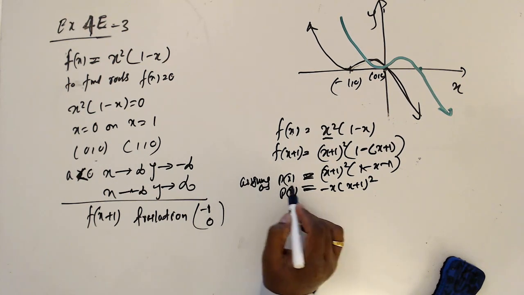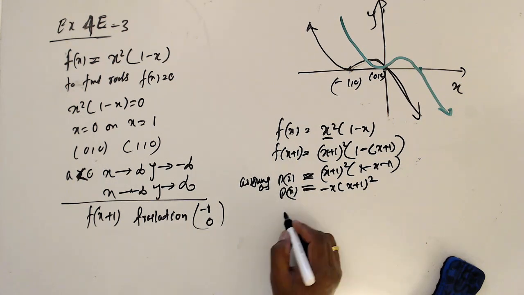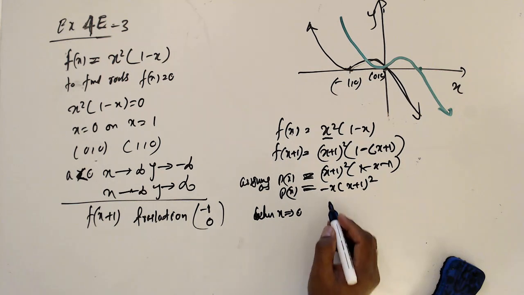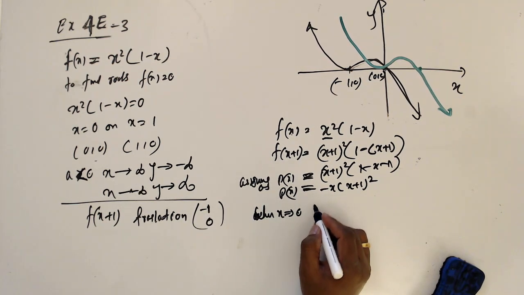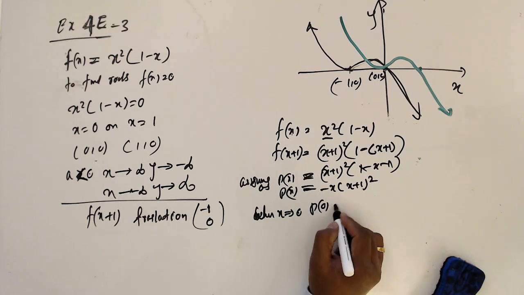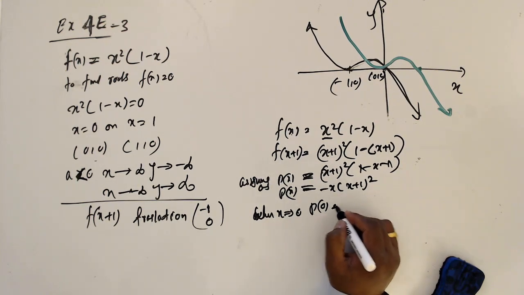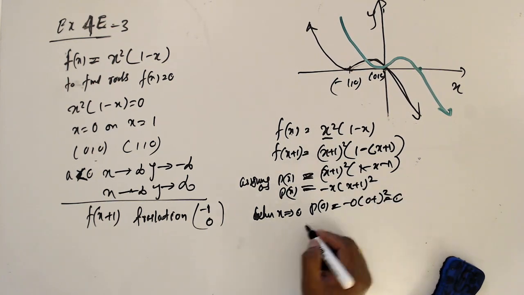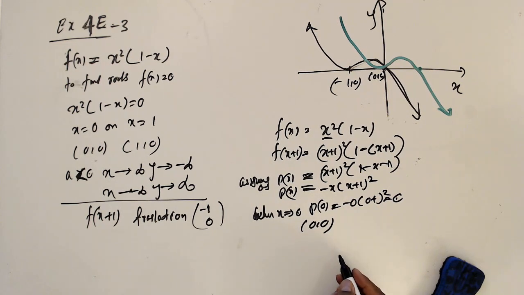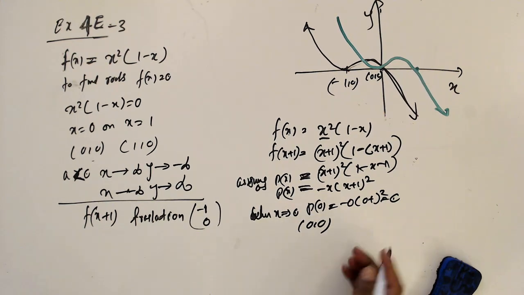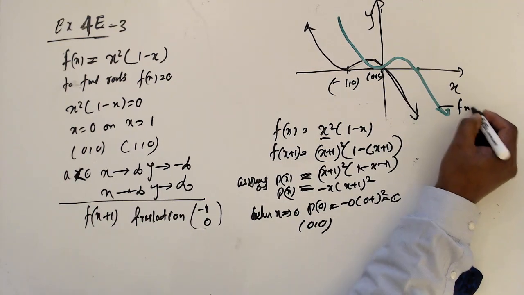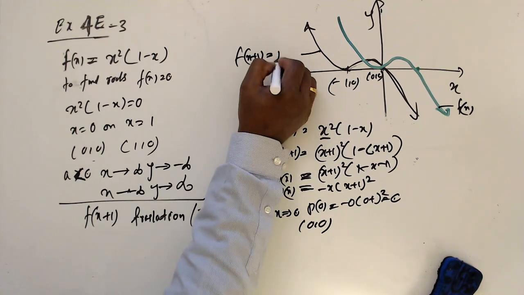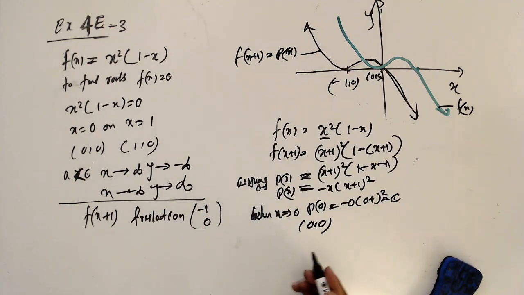Assume p(x) equals this one, then when x equals 0, to find where it crosses the y-axis, p(0) is 0 times (0 plus 1) squared, which is 0. So 0, 0. This is the f(x) graph. This is the f(x plus 1) graph. I assume this as p(x) for calculation purposes.